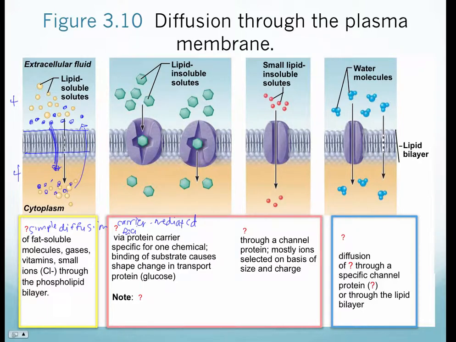Another type of plasma membrane diffusion we have is carrier-mediated, facilitated diffusion. Carrier-mediated means that in order for these molecules to enter into our cell, they need to be carried in by some sort of protein carrier. Remember I was mentioning lipid: anything that's lipid soluble easily crosses through a membrane.